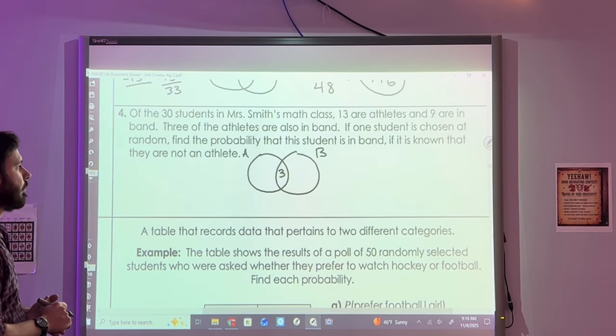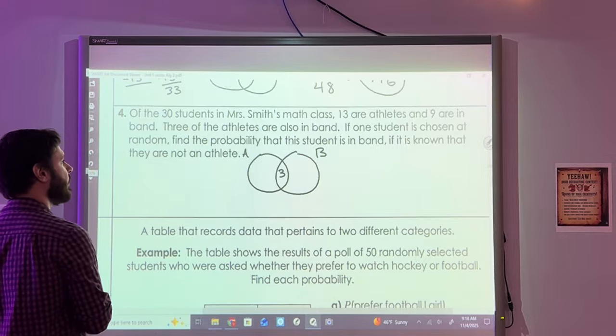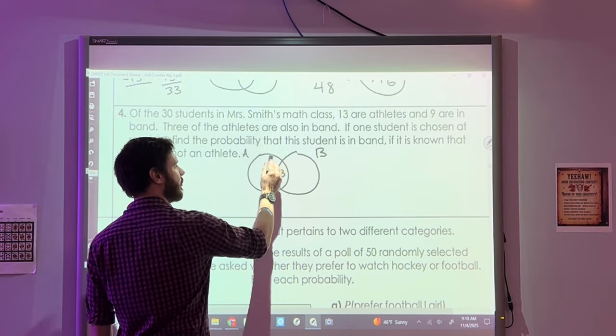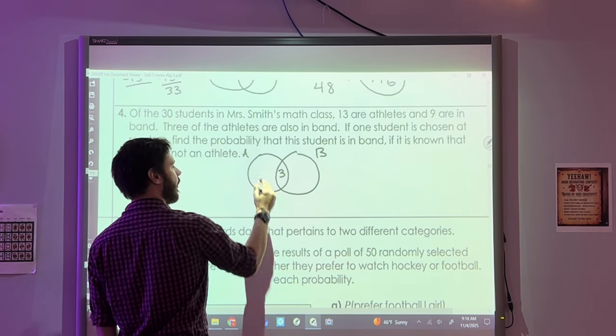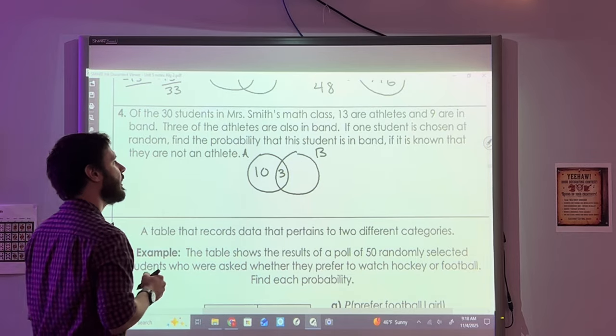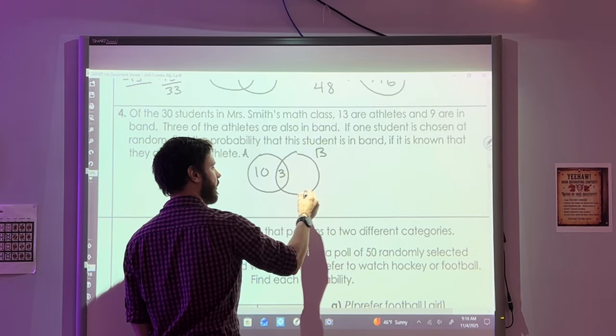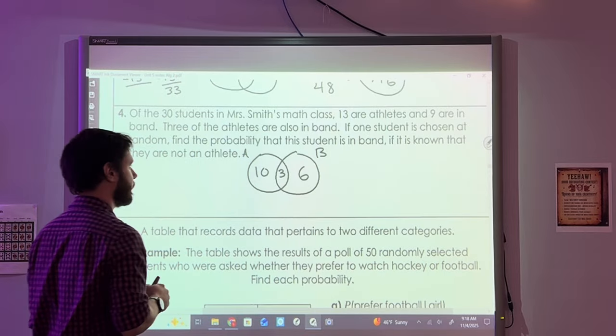All right, that's enough information to fill in the rest of this. 13 are athletes. I should have 13 athletes total. 3 of them are already here, so that leaves 10. 9 band kids, 3 of them already accounted for, 6.